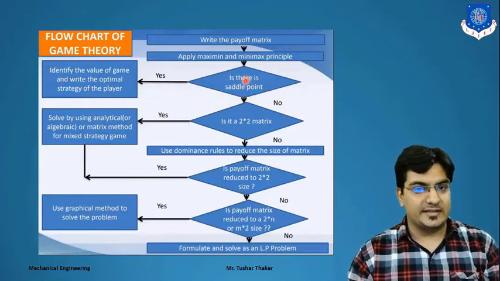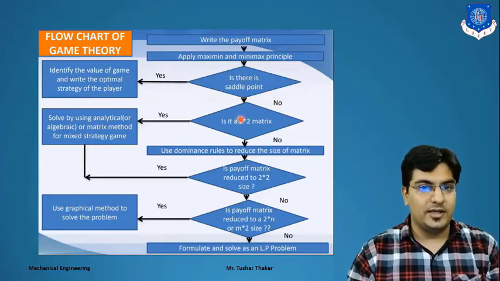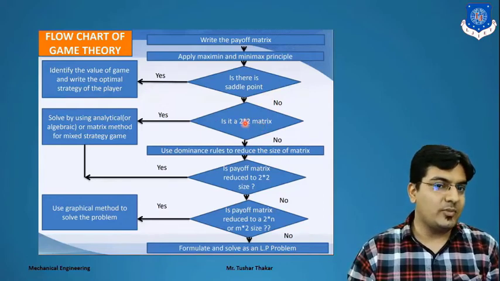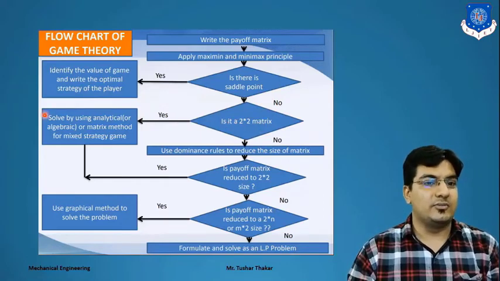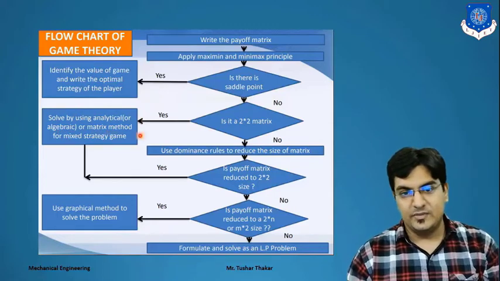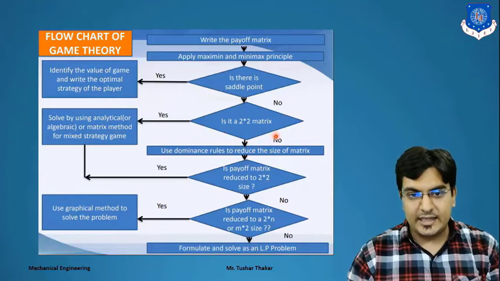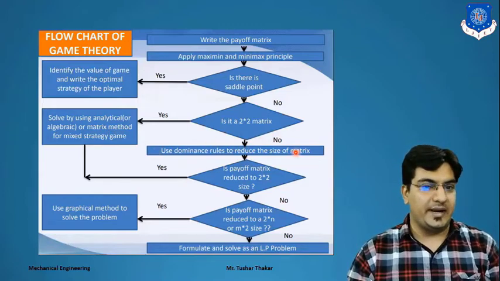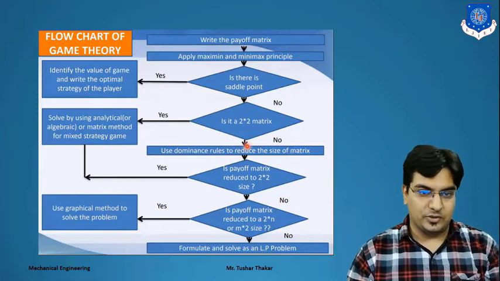If a saddle point does not exist, we move on to the next step: is it a 2 by 2 matrix? If yes, it is solved by analytical or algebraic matrix methods for a mixed strategy. If it is not a 2 by 2 matrix, then we have to use dominance rules to reduce the size of the matrix and convert it into a 2 by 2 matrix.